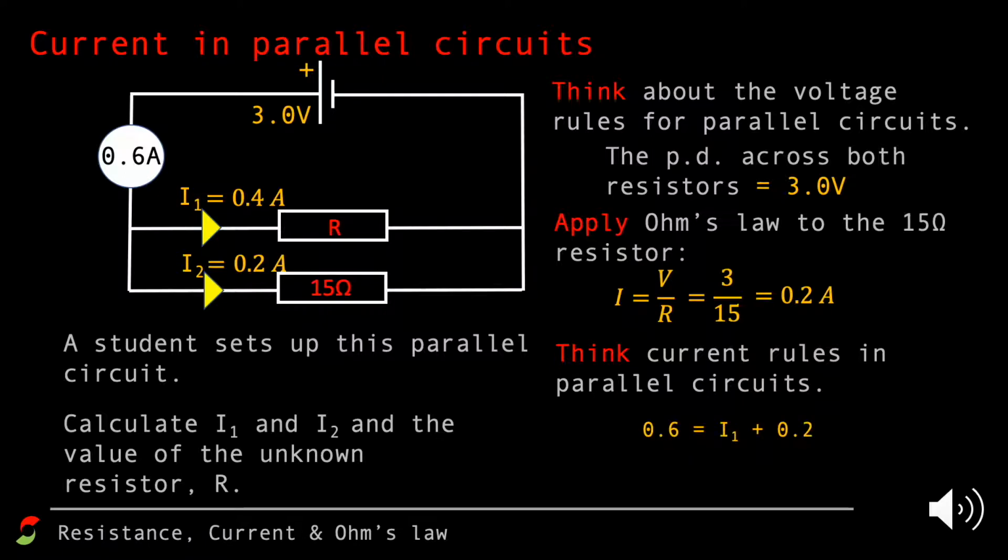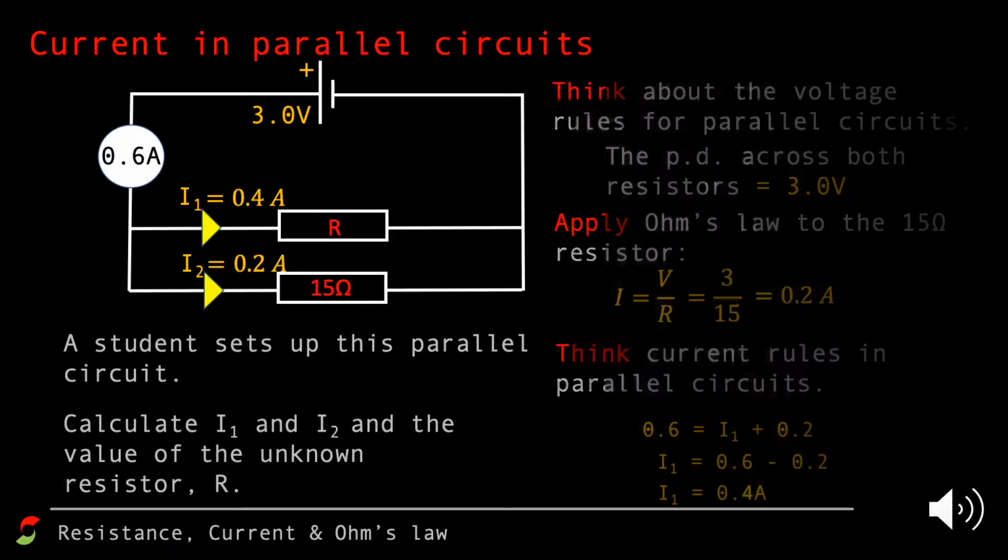So the ammeter is saying that 0.6 amps is flowing into that junction. And if 0.2 amps flows through to the 15 ohm resistor, then whatever's left over flows through to our unknown resistor R. Or if you like mathematically, the 0.6 amps flowing into the junction is equal to I1 plus 0.2, and then we can rearrange that to get 0.4 amps.